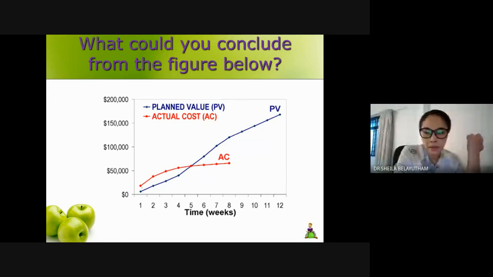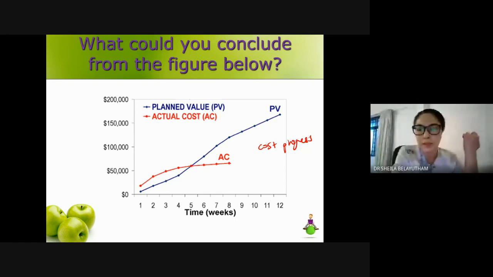But what does it say in terms of your progress, in terms of cost progress? Your cost progress is pretty clear here: you have spent more than you should, and you're fine somewhere around week 5. But moving forward, you have spent less than you should. However, what is more important is that it does not represent your time progress too.